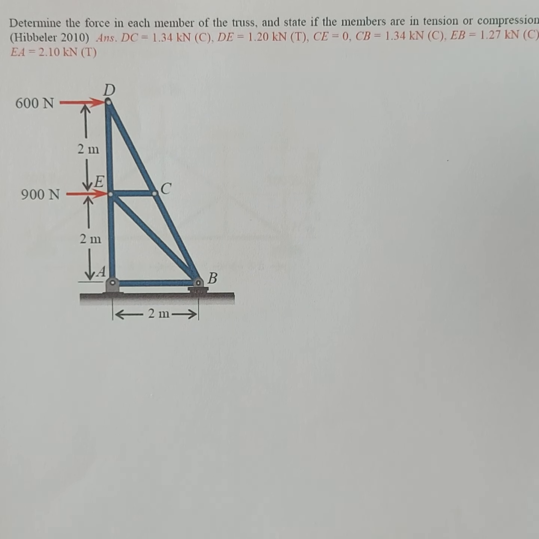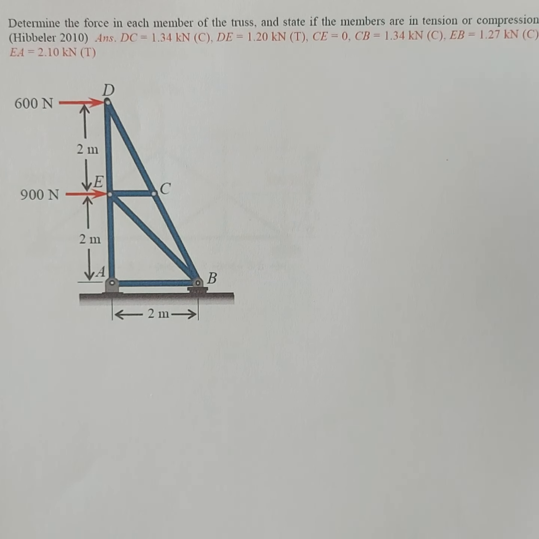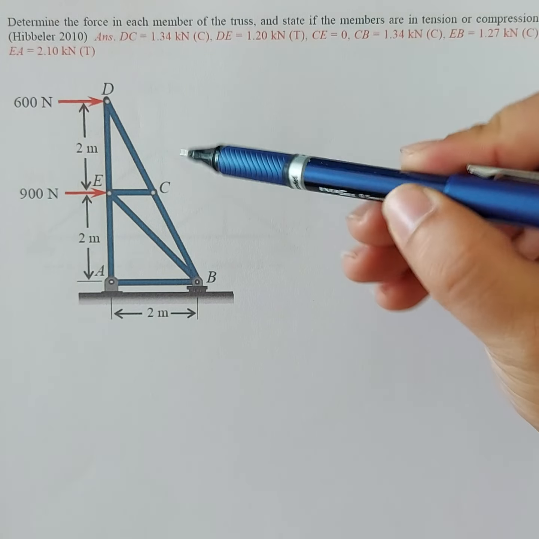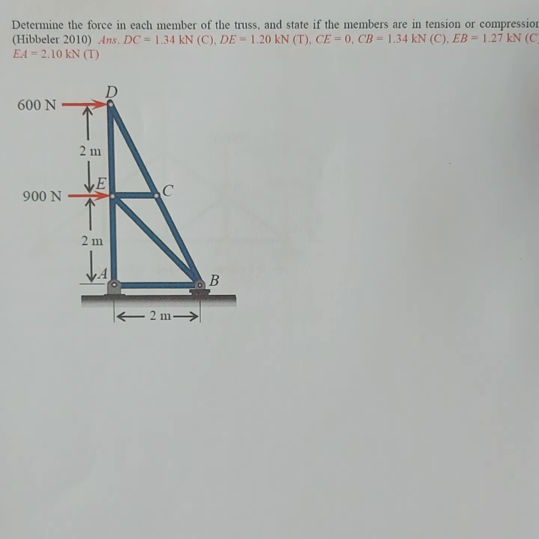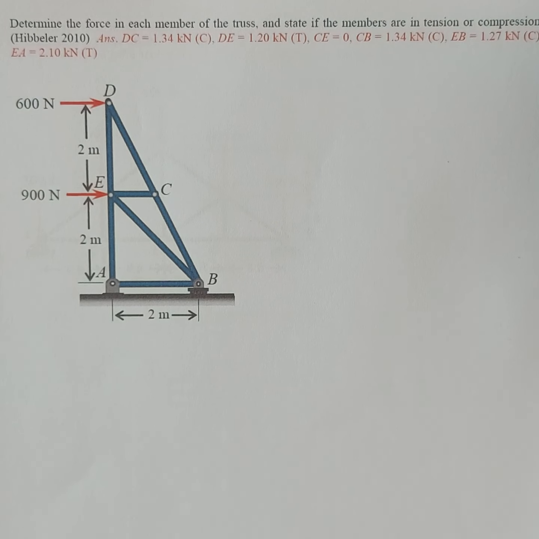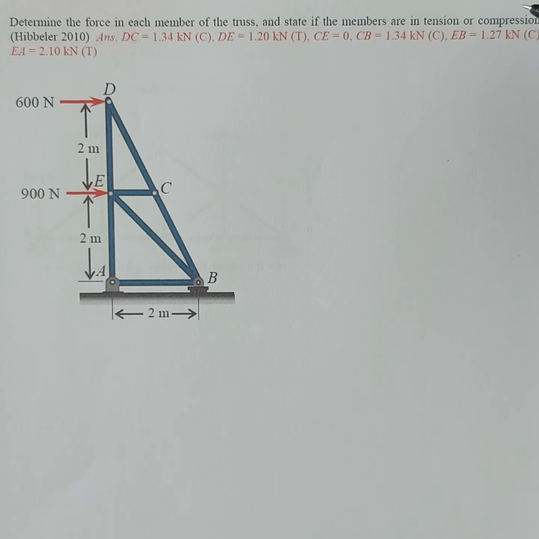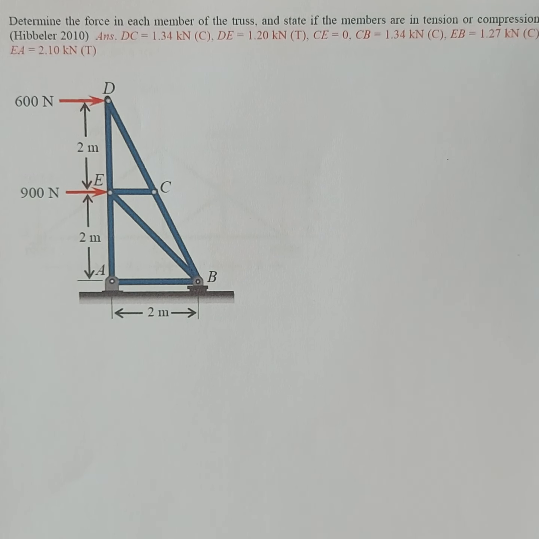So we are tasked to solve for the force in each member of this truss. This is a simple truss, using the method of joints. And we are also required to state whether each member is in tension or compression.